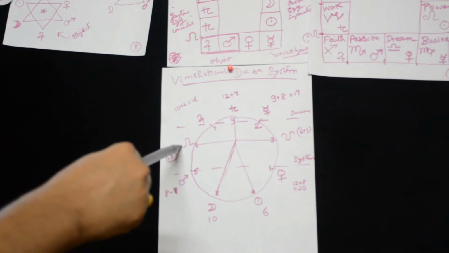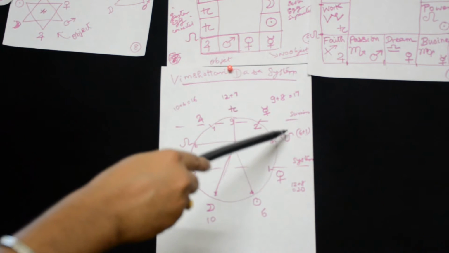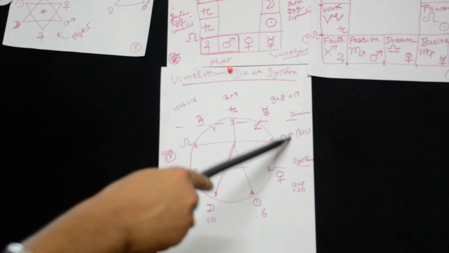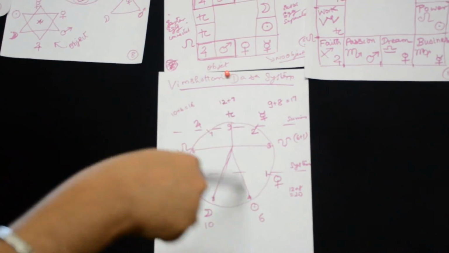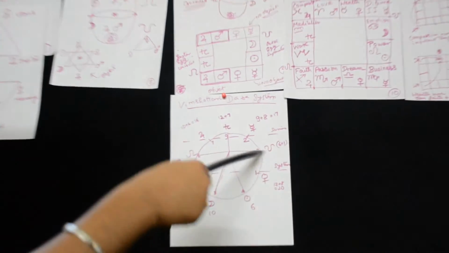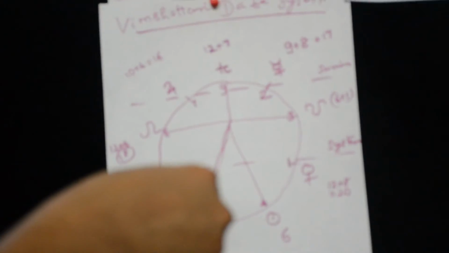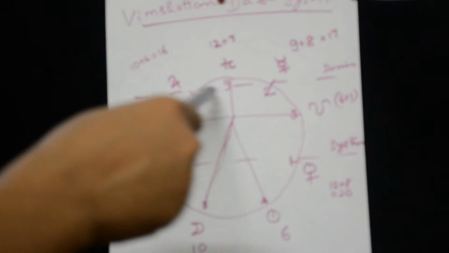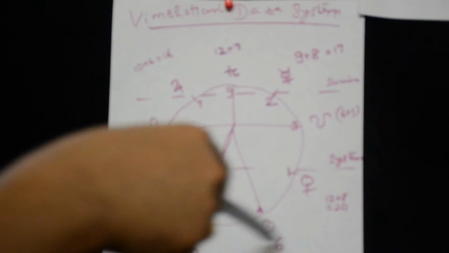So from Rahu you go to Saturn, and from Saturn you go back to Ketu. So the connectedness and the separatedness can't be on the same side of the Rahu Ketu line. So if Saturn is on this side, then the Sun and the Moon should be on the other side. So that brings the Moon and the Sun to the other end of this line.